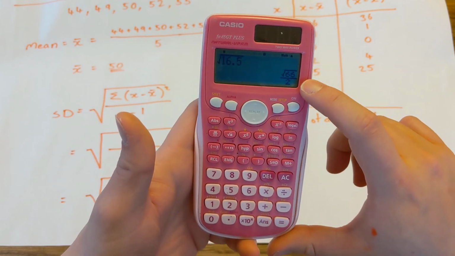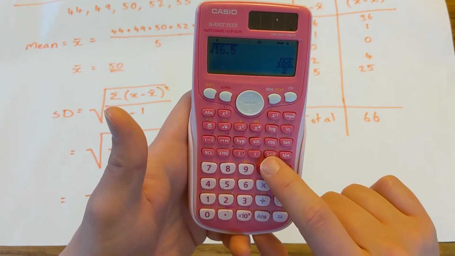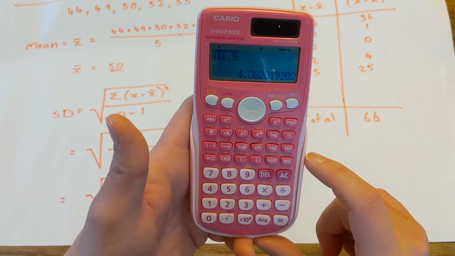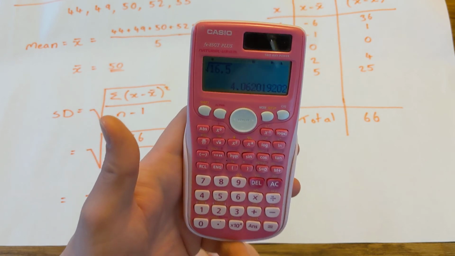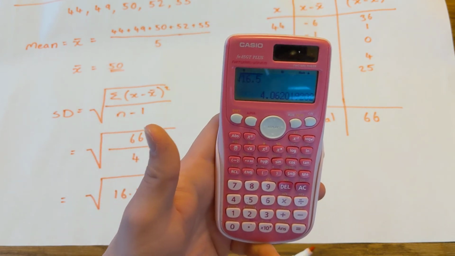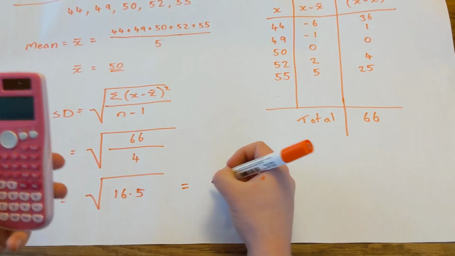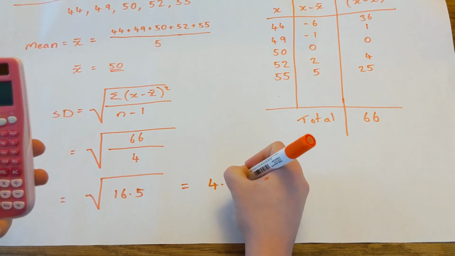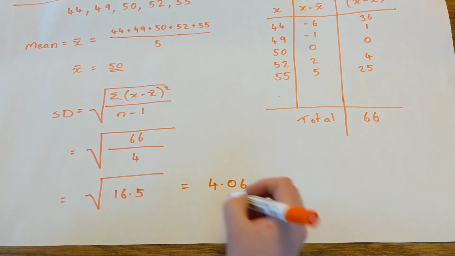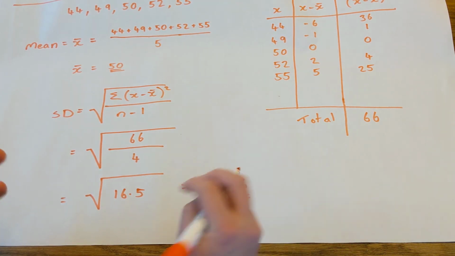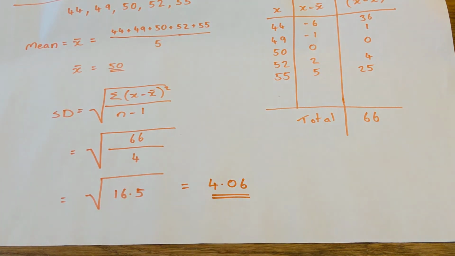It might show you it like this. If it does, you can press this button here, SD, and that changes it into a number we know how to deal with, and that gives us 4.06. So let's do it to 2 decimal places, which would be 4.06. And that is our standard deviation.